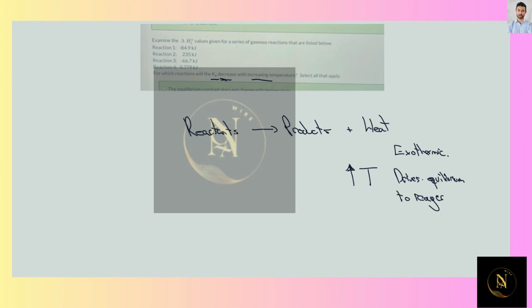let's think about the general scenario in which we're going to have an endothermic and an exothermic reaction. So for an exothermic reaction, we know that we're going to release heat. So increasing temperature drives equilibrium to reactants.